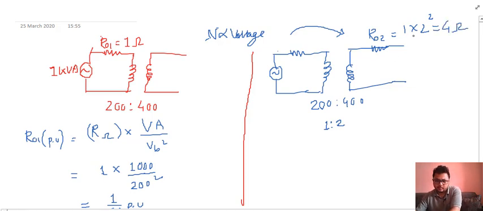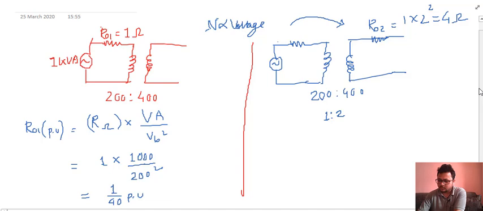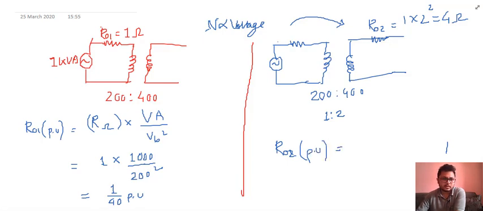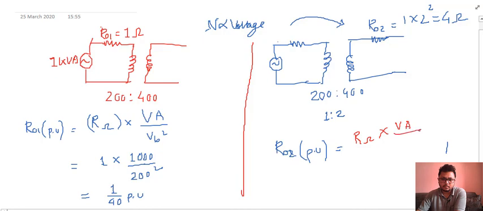Now let us calculate the per unit value in the secondary. It should be R02 per unit. So R in ohm into volt ampere by VB square.